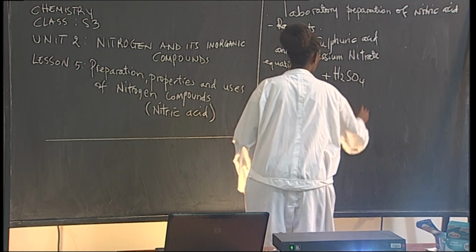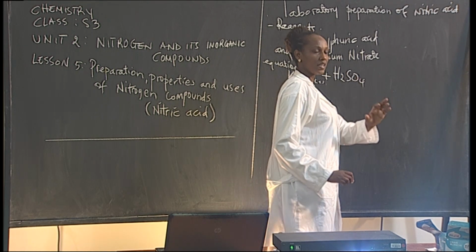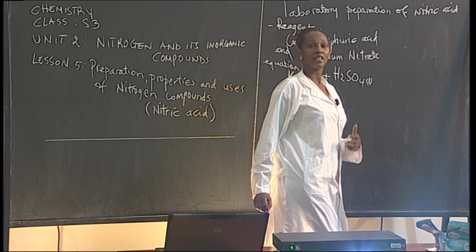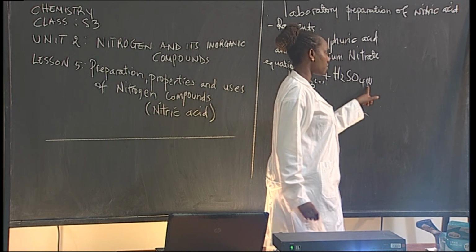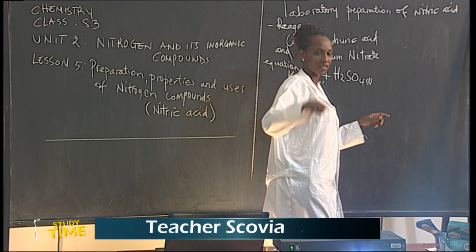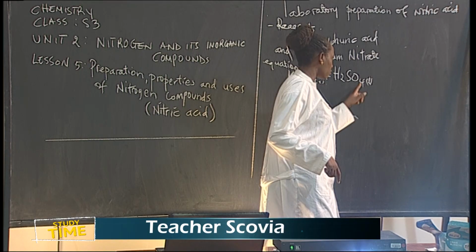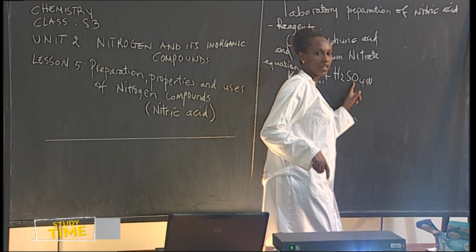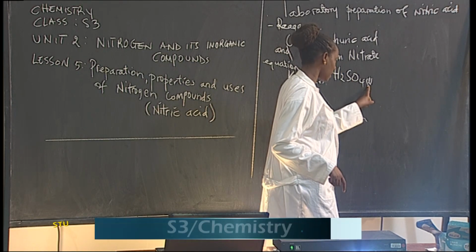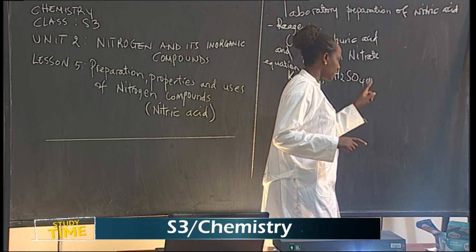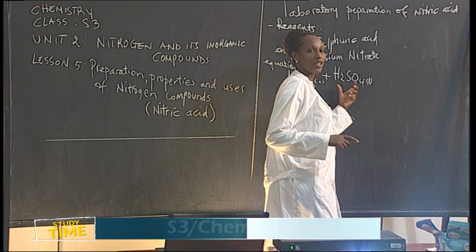I told you, when it is concentrated, we put L. We indicate it as a liquid. But if it was dilute acid, it would be aqueous. So whenever you see L here, you get to know it is concentrated sulfuric acid or any other acid. A state which is L, which is liquid, indicates the acid is concentrated.